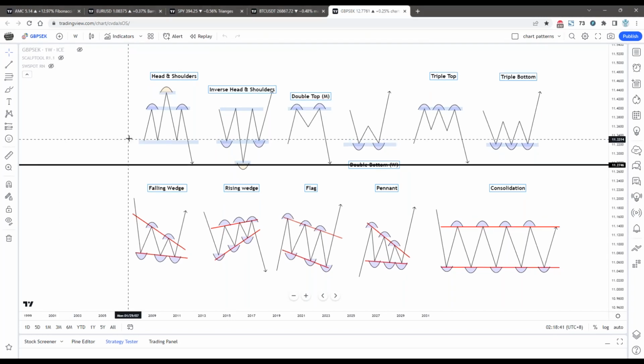Okay, so we have things like the head and shoulders pattern, double tops, double bottoms, triple tops, triple bottoms, falling wedge, rising wedges, flags, pennants, consolidations. All of it sounds interesting.